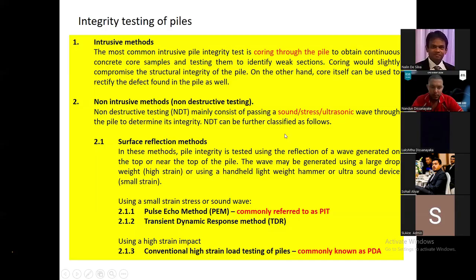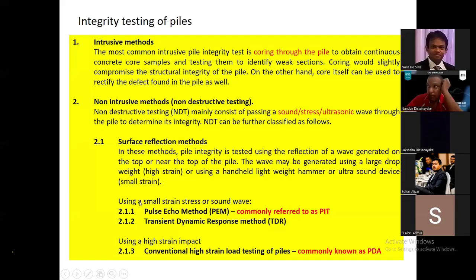By looking at the reflected wave profile, we can make various predictions regarding the integrity of the pile. So under surface reflection methods, there is the pulse echo method.